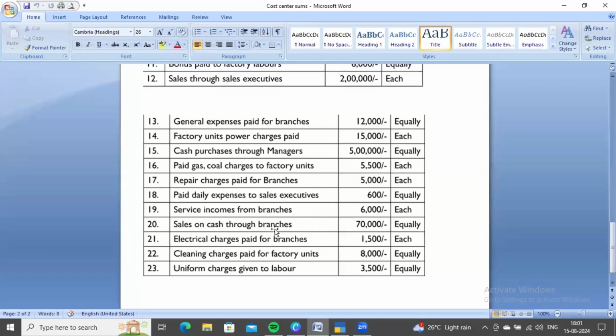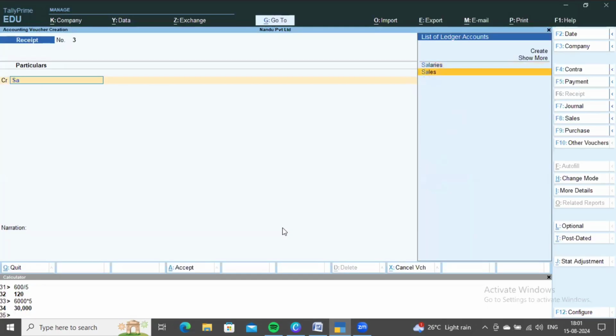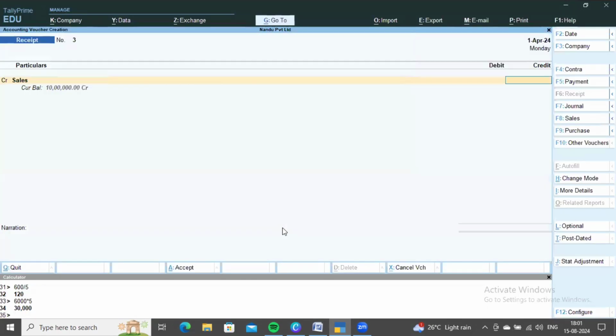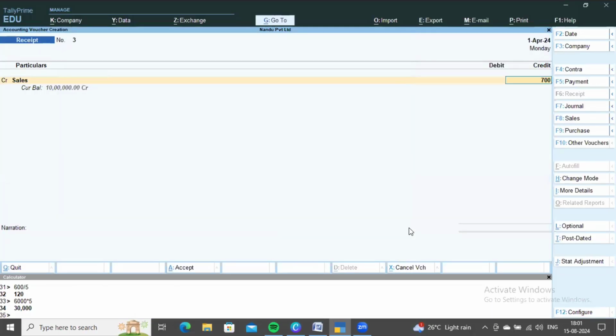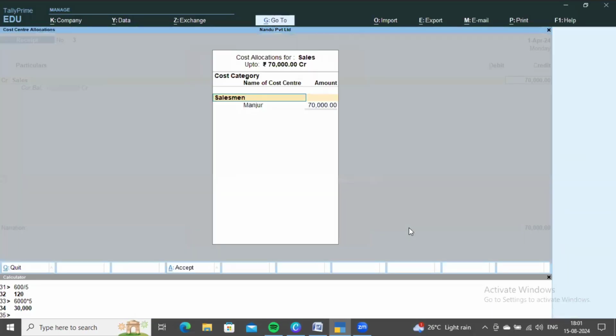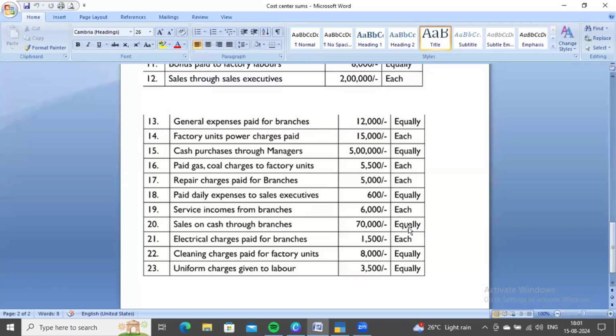Next, sales on cash through branches. Yes, you are selling goods through the branch category, right? It is a receipt to us. So credit sales account, and the total amount is 70,000. And the category is branches.